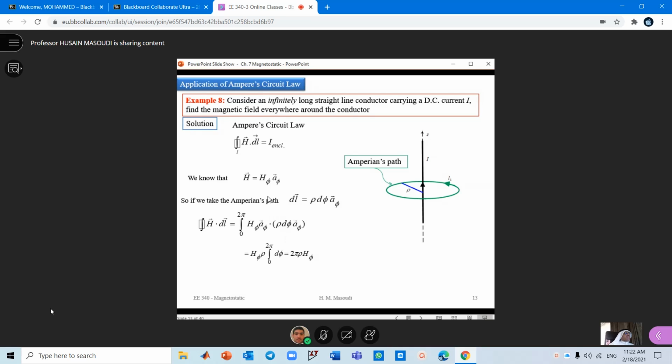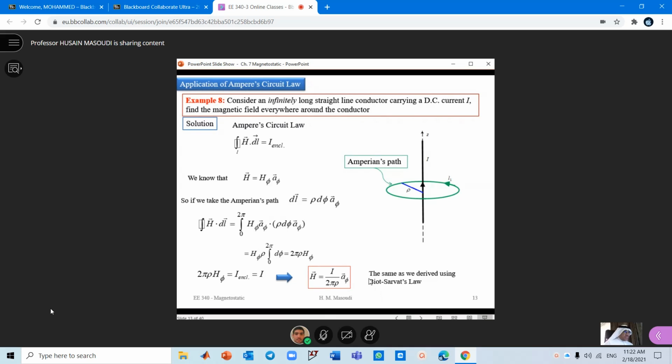Now, this is the left-hand side of Ampere's circuital law. Equate it to the current inside the Amperian path that we selected, which is equal to I. So this is equal to I, and then from that, you calculate H. So H should be equal to I over 2 pi rho a phi. Remember that we did this from Biot-Savart last time.